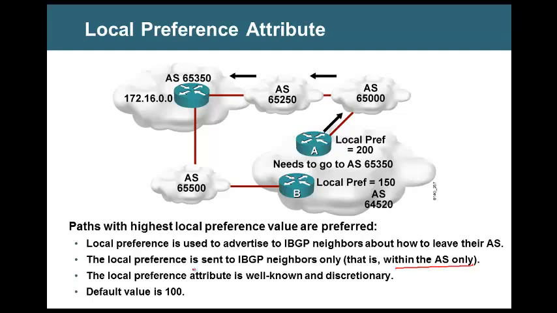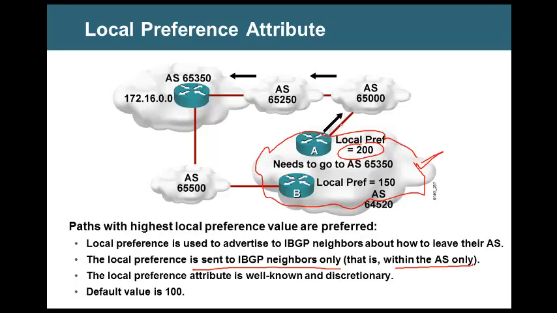Local preference is sent to IBGP neighbors only. The local preference value that you set in one router on this autonomous system will not be sent to others, but it tells the routers in this autonomous system how the packet should leave the autonomous system.